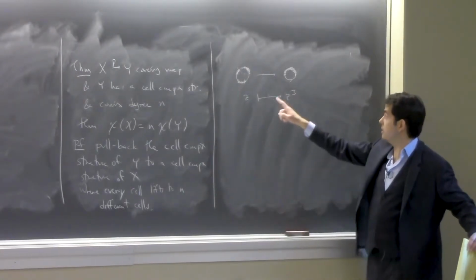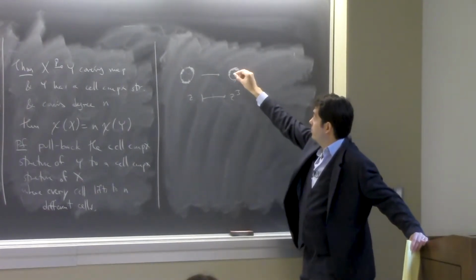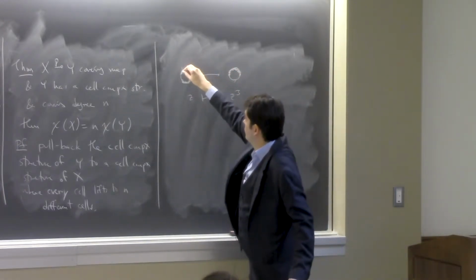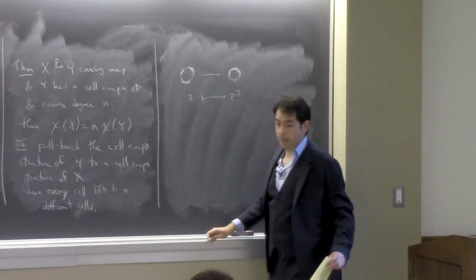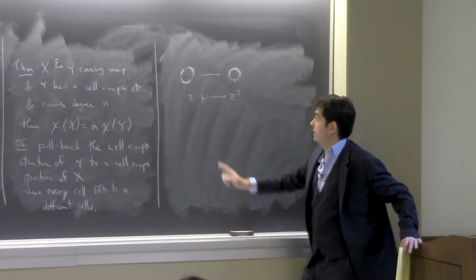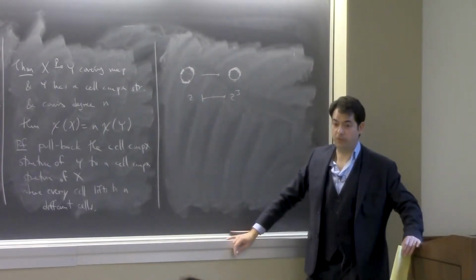So this is a 3 cover, and the 2 0-cells lift to 6 0-cells. The 2 1-cells lift to 6 1-cells.